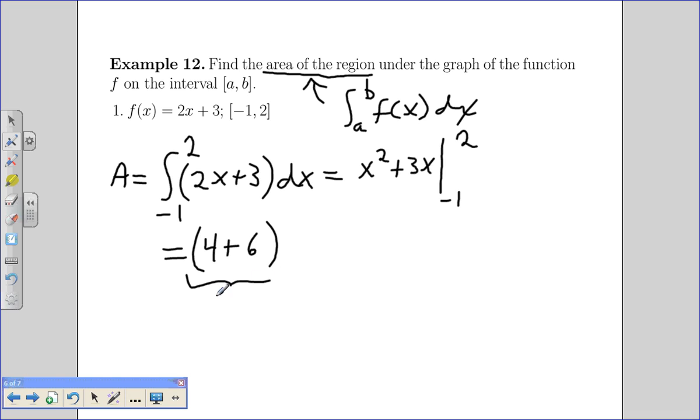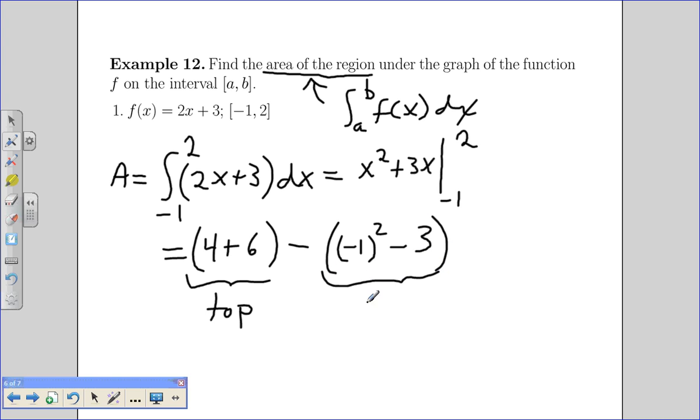And 3 times negative 1 is negative 3. And when you work all that out, you get 10 plus 2 is 12. So if you're asked for the area of the region, you simply take the integral across your interval.